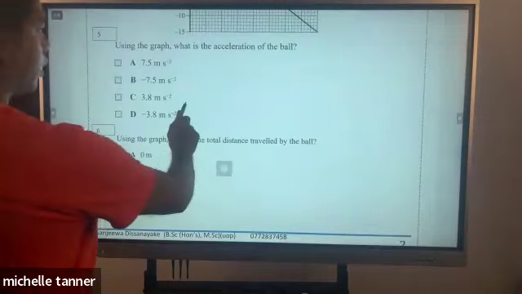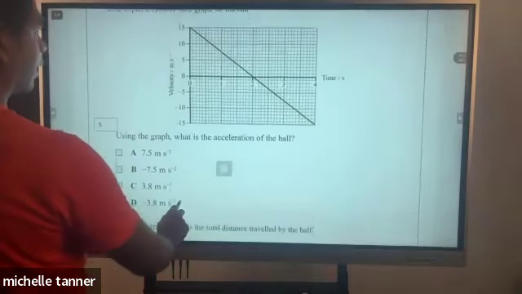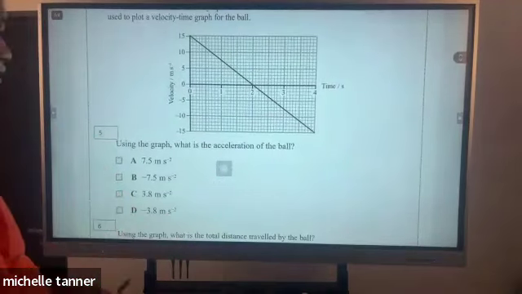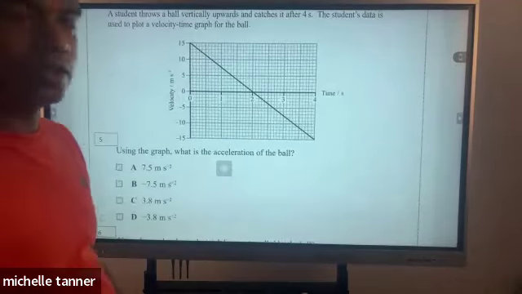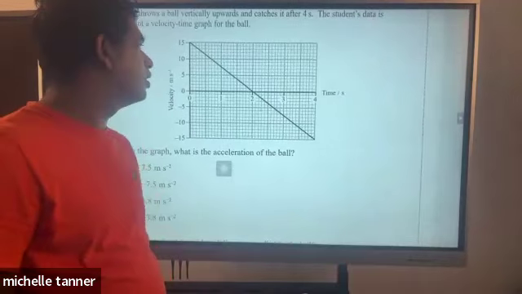Using the graph, what is the total distance traveled by the ball? Now calculate the total distance. Total distance, not the displacement, right?